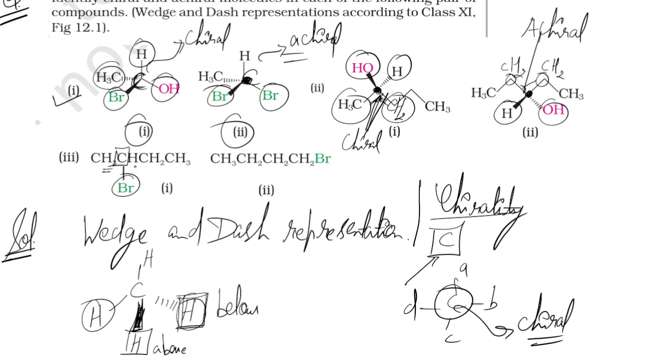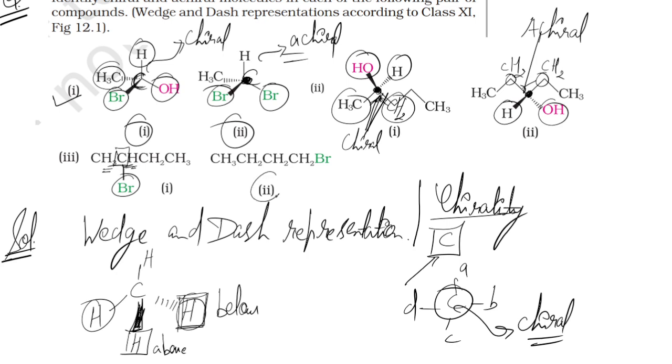In the first case, this carbon is connected with four different groups: bromine, hydrogen, carbon, and the CH3 group, and all are different.